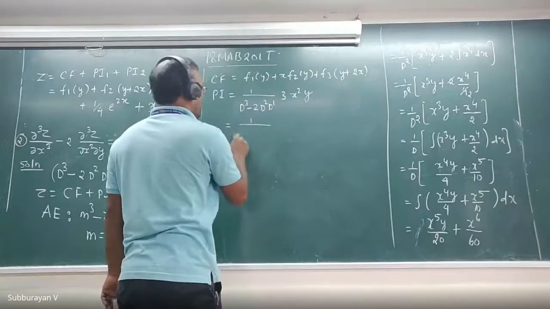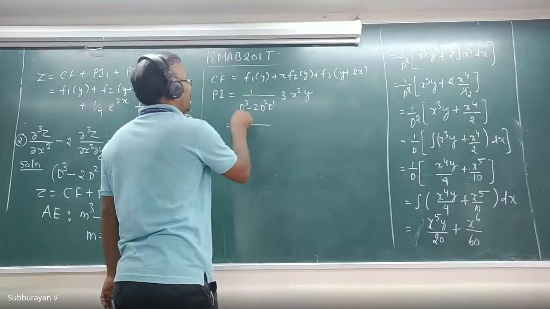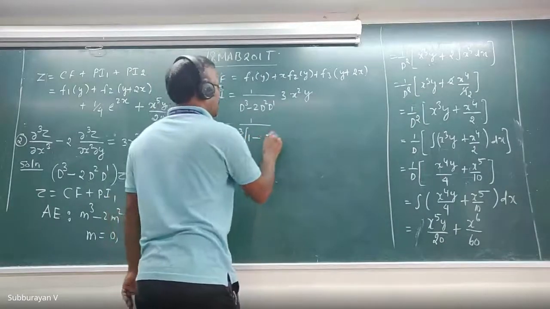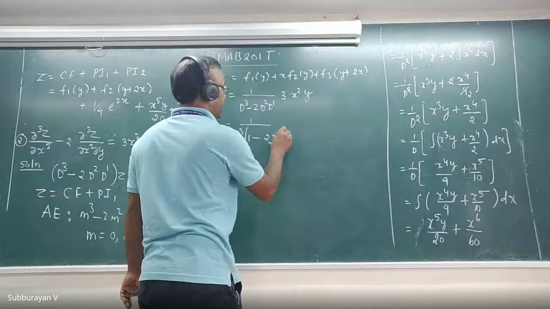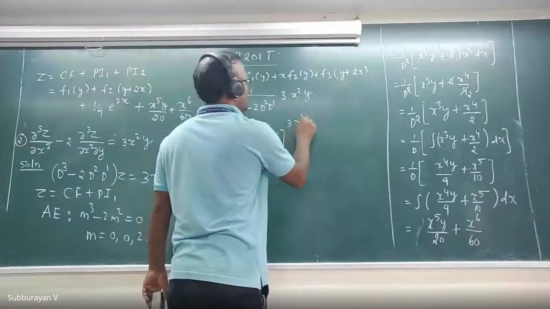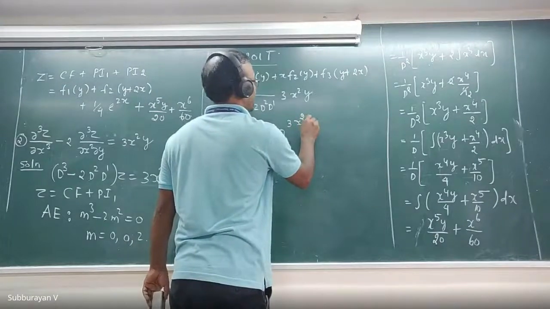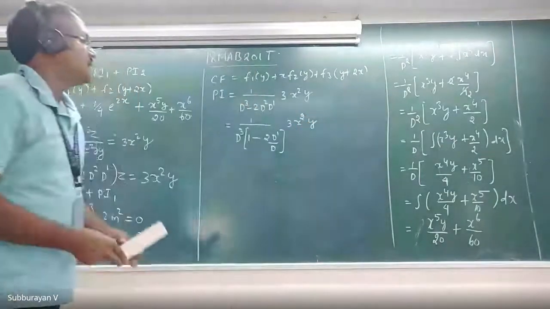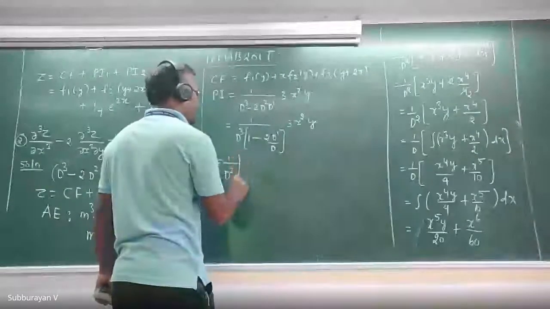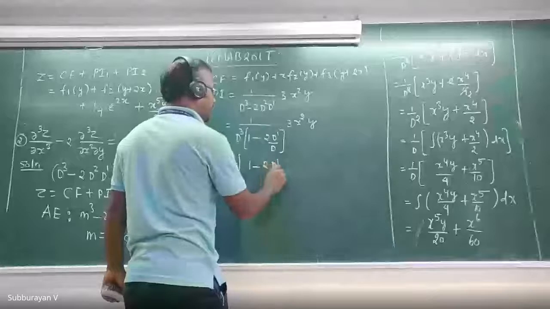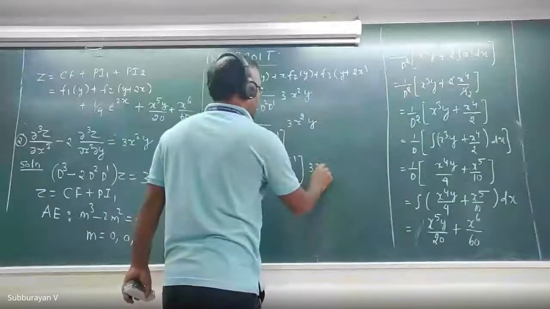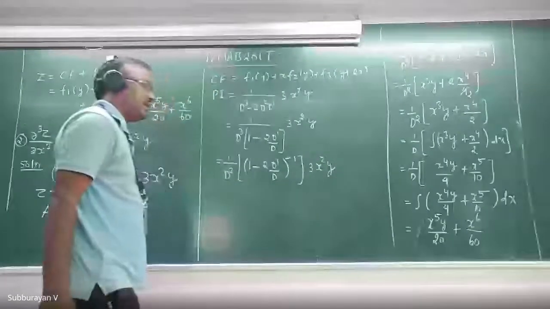That gives 1/D³ into (1 − 2D′/D) into 3x²y, which is 1/D³ into (1 − 2D′/D)⁻¹ into 3x²y.